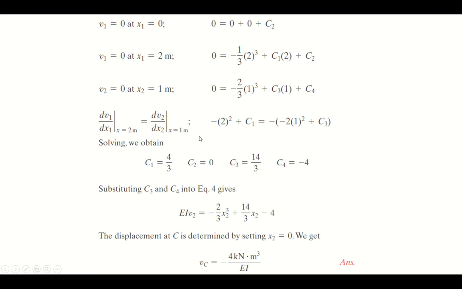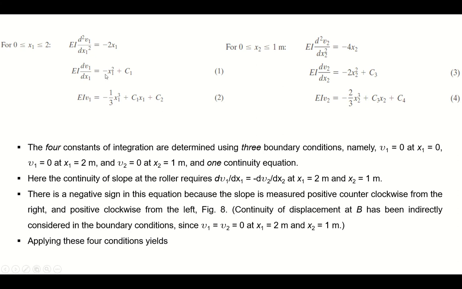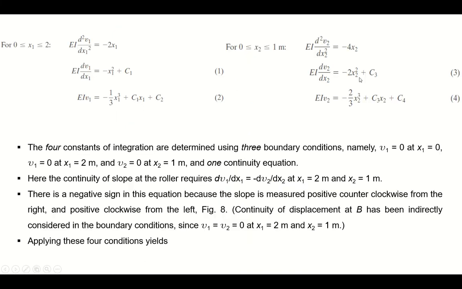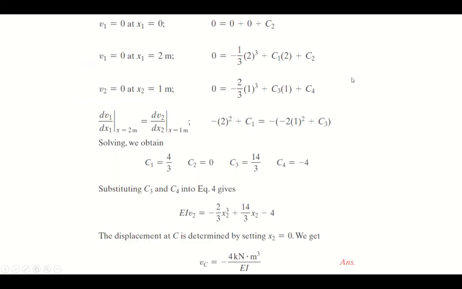So putting the values, this is the slope: minus x1 square plus c1 is equal to, this is the second slope equation, minus 2 into x2 square plus c3. So here for mu1 the x is 2, so you put 2, and here the x is equal to 1, so you put 1, right?